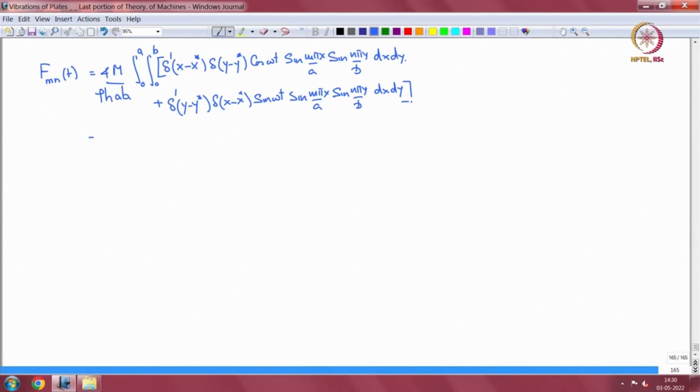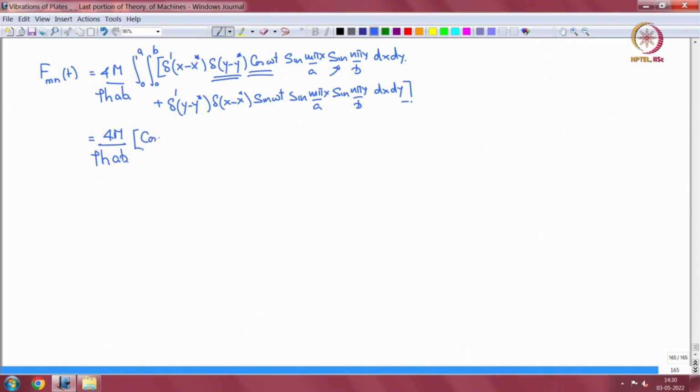So what do we get? We get 4m by rho h ab. Okay. So in this case, this integral works out simple, and I will pull cos omega t out.